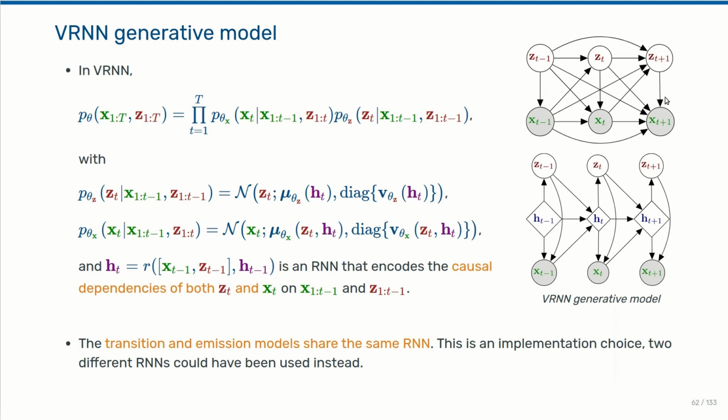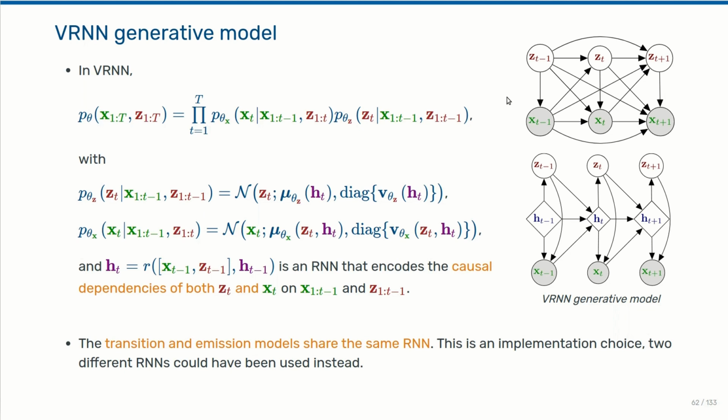Variational recurrent neural networks are quite different from DKF and STORN in the sense that they are the most complete DVAE in terms of dependencies. So you can see here on the upper right of the slide how all possible dependencies are implemented in VRNN.